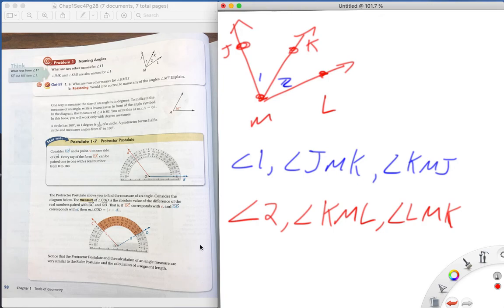Remember that we can't call it angle M, because M could be referring to JMK or M could be referring to KML. We don't know which. We don't have enough information, so we cannot call it angle M.